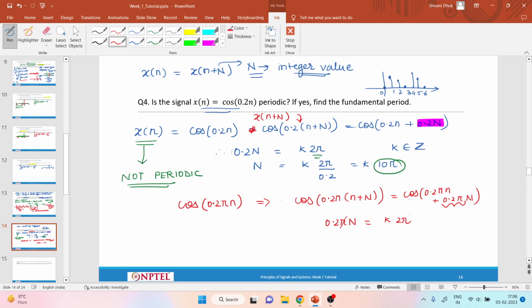So this pi gets cancelled and N is equal to 10. So in this situation, we are getting it to be periodic.